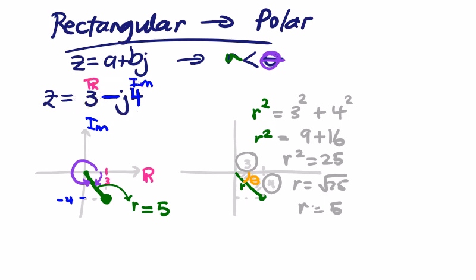So we could say that to find the angle, the tangent of theta would equal opposite over adjacent. So the opposite being 4 and the adjacent to the angle being 3.